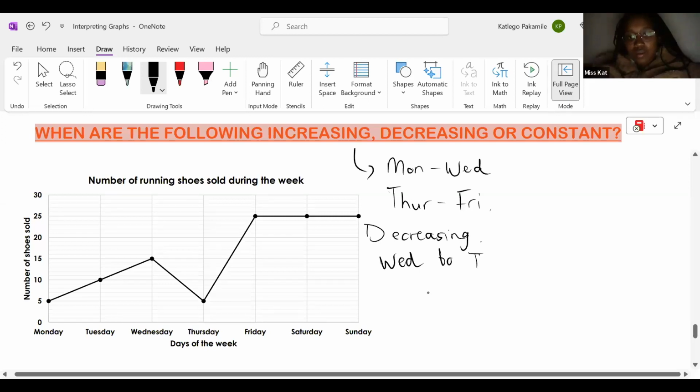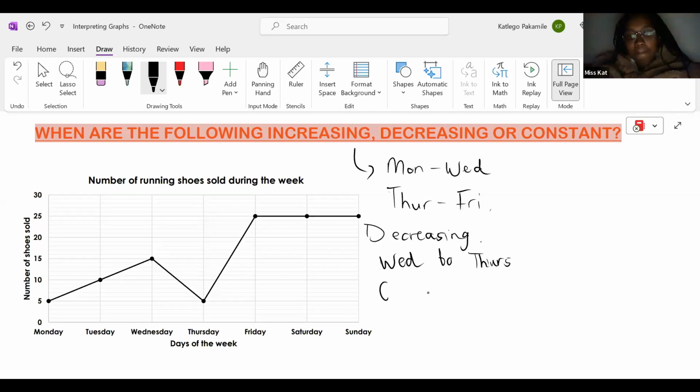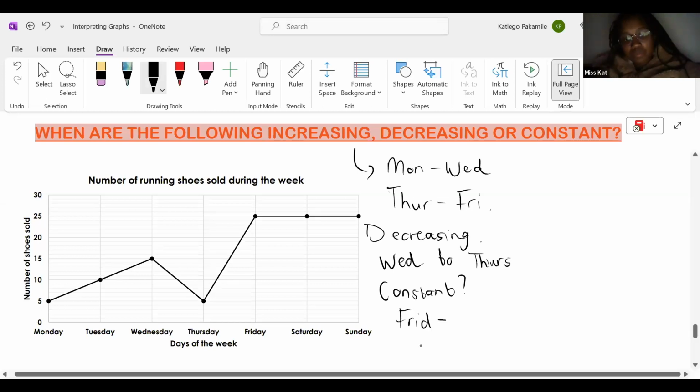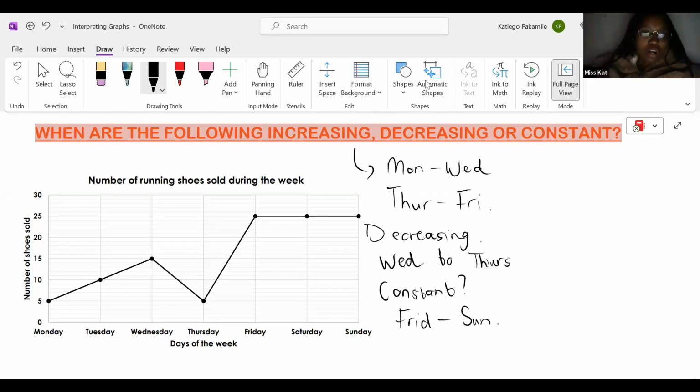And when is the graph constant? When is my graph constant? Friday to Sunday. And then final question, is this a linear graph?